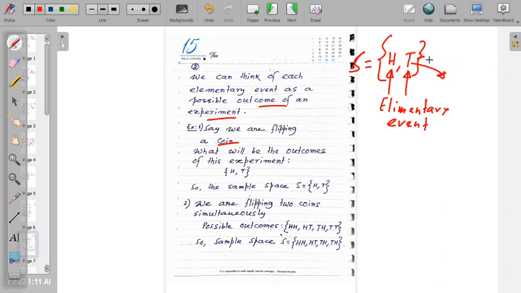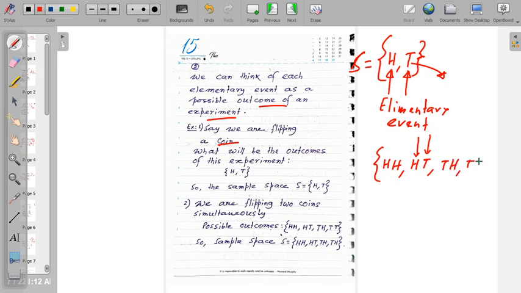Now say whenever we are flipping two coins simultaneously, what will be the outcome? Both the coins might land as head. Then maybe HT, the first one is head, the second one is tail. Then the first one is tail, the second one is head.